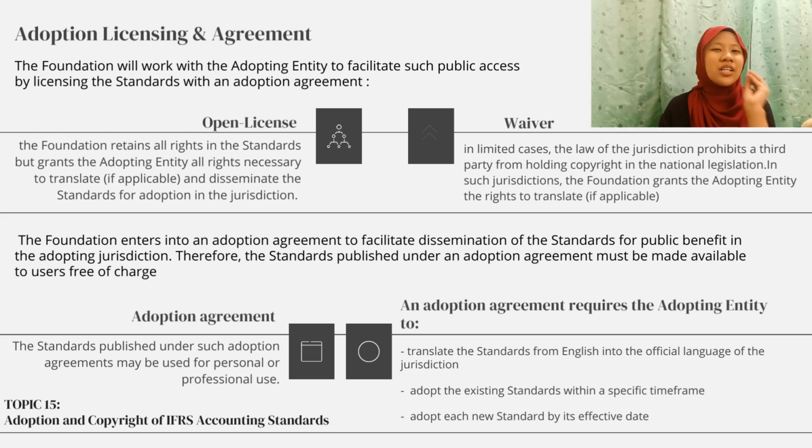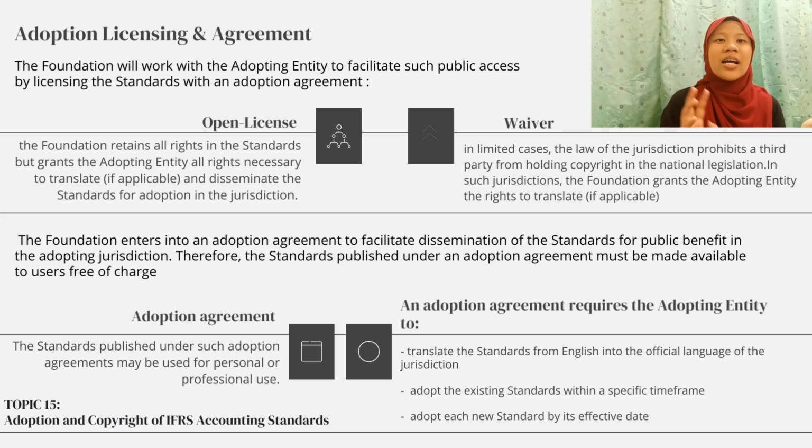So an adoption agreement requires the adopting entity, first, to translate the standards from English into the official language of the jurisdiction where applicable, in line with the foundation's official translation process. Number two, to adopt the existing standards within a specific time frame.